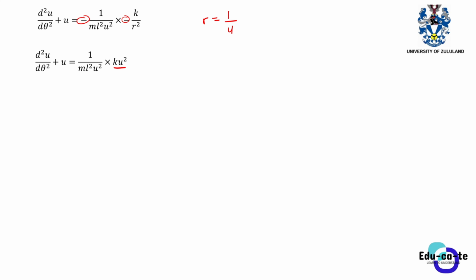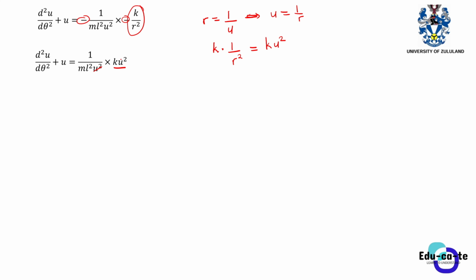So if you have k over r squared, you can rewrite it as k multiplied by u squared, because u is equal to 1 over r. You will figure out the mathematics later.